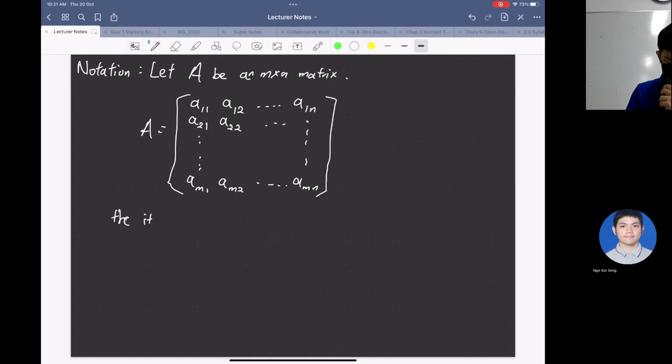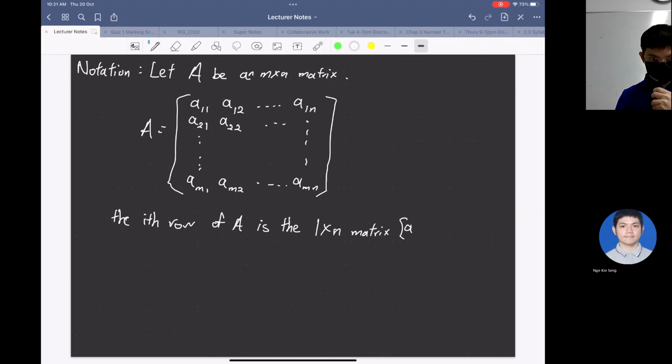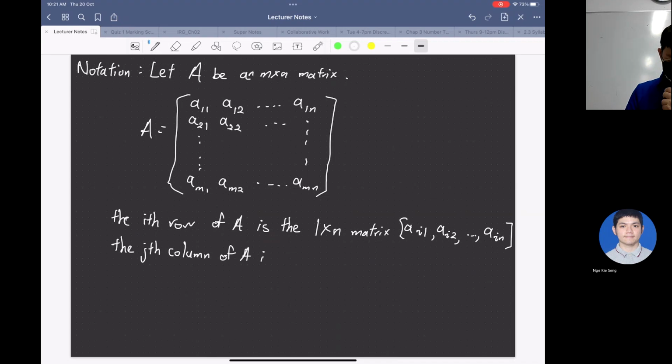So the ith row is a 1 by n matrix: Ai1, Ai2, up to Ain. And the jth column is an m by 1 matrix: A1j, A2j, up to Amj.